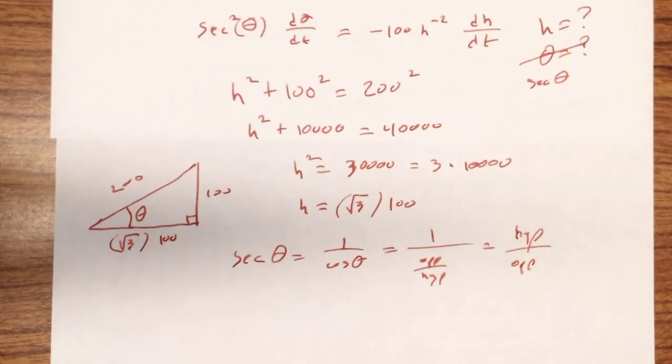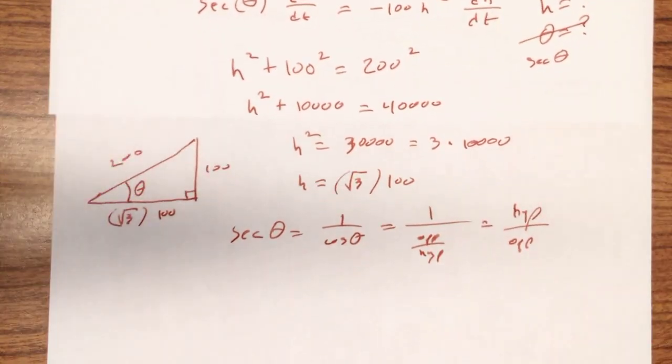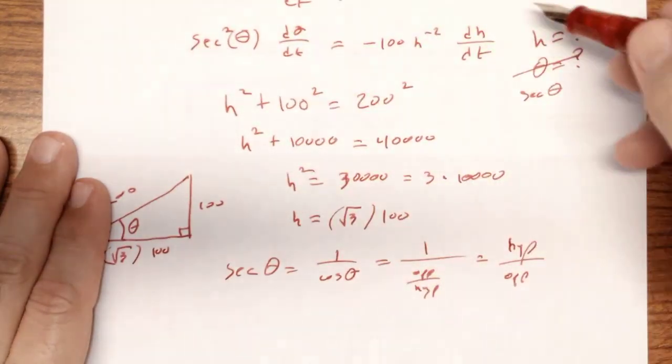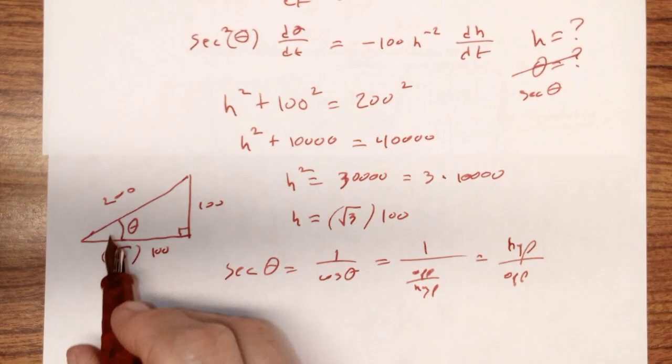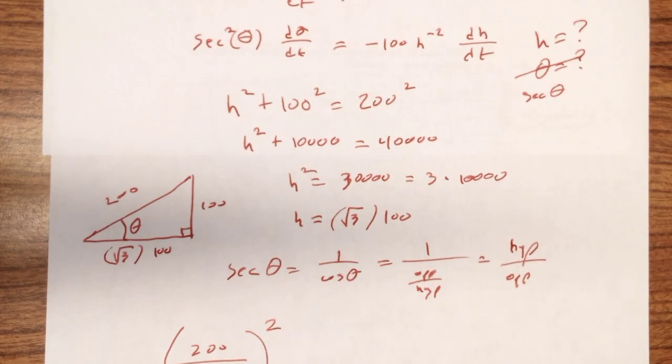There you go, hypotenuse over adjacent. So secant theta, I can just use these numbers. Great. I can now plug all the information I need into here. Secant squared theta. Secant theta is hypotenuse over adjacent. That's 200 over 100 square root 3 squared.